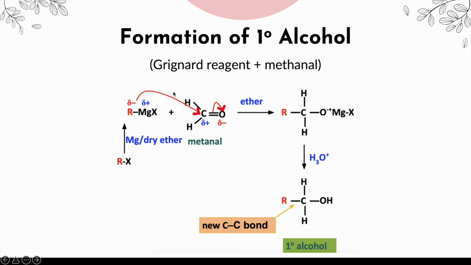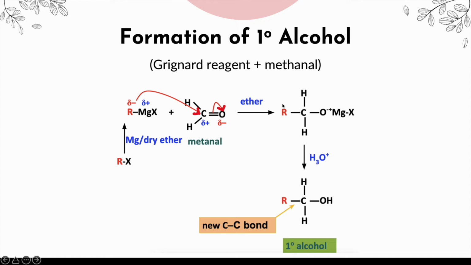So R as nucleophile attacks here, electrophile, and the carbon-oxygen double bond over here used one of the bonds to give two lone pair electrons to the oxygen, and it will form OMgX. This MgX delta plus, and then will form OMgX over here when you react with ether, and R group is bonded to the carbon delta plus here.